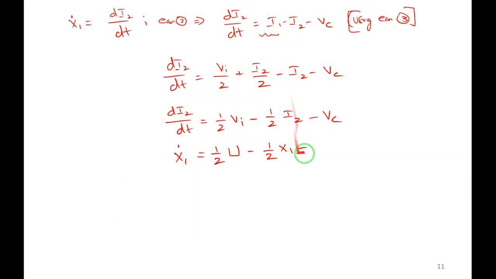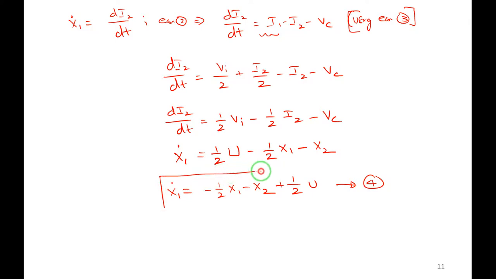Vc is x2. Alright. So let me rewrite this. X1 dot is equal to minus half times x1 minus x2, then I will write the input, plus half times u. Call this as equation 4. I'll put it in a box because this will help me to write the state equation matrix later on.